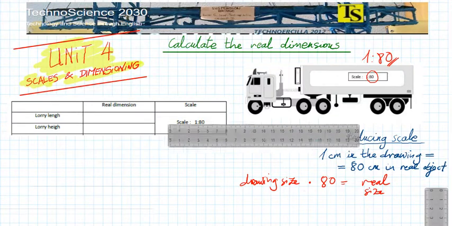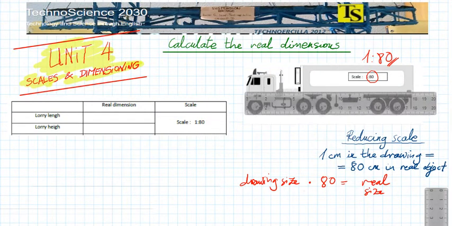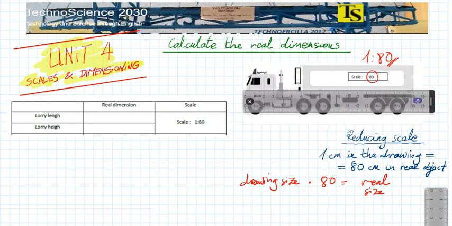We use the ruler, we place the ruler here in the right position, so that we are sure that the zero matches one part of the lorry. Then here is where we have to take the dimension of the drawing size. The drawing size is here.